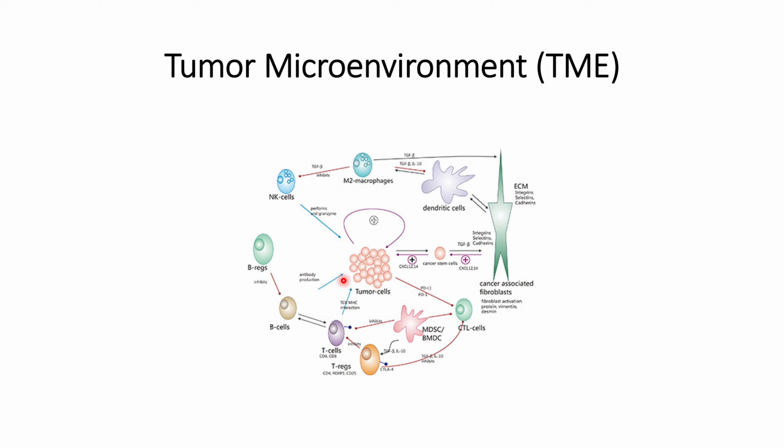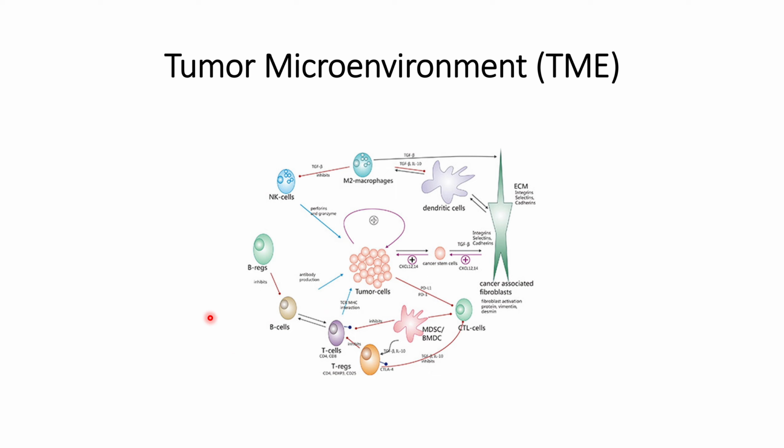To inhibit the B cells, the tumor cells generate B regulatory cells, and these B regulatory cells inhibit the production of B cells, and thereby the antibody production against the tumor cells is also inhibited.